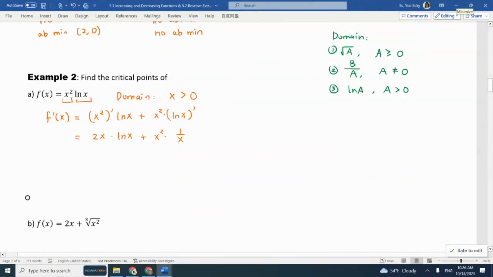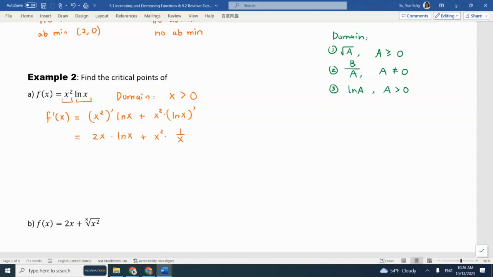Okay, so we want to simplify. In the last chapter, you were not required to simplify because you just wanted to find the derivative. But here, you need to simplify because after you find the derivative, you have more things to do. What can you simplify? You can simplify the second part.